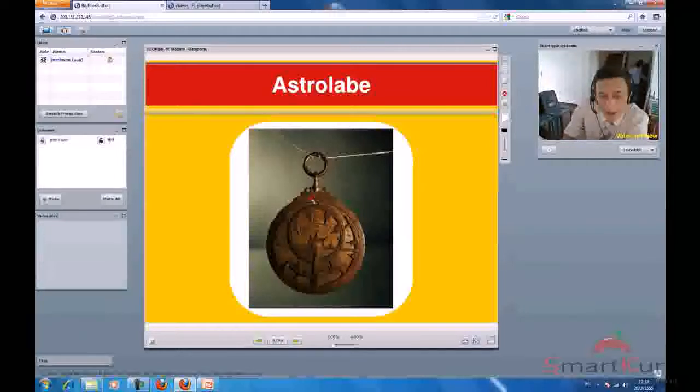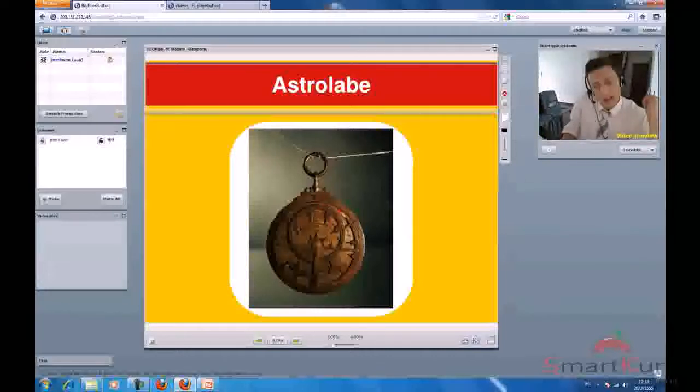It's, let me get my pointer, right here. Now, if you were using this astrolabe, you would point that arrow at the date. If you look around that outer circle, you can see a lot of writing. Those would be the months and the days of the year.